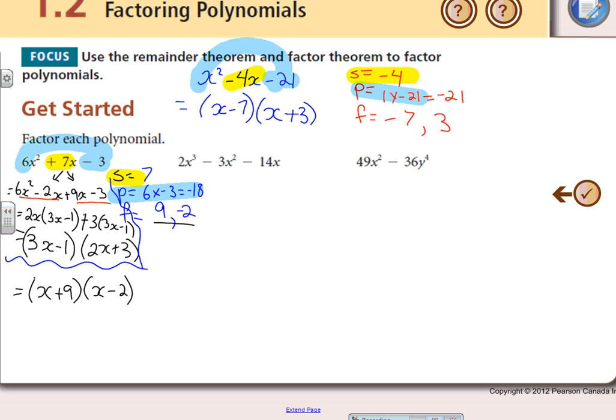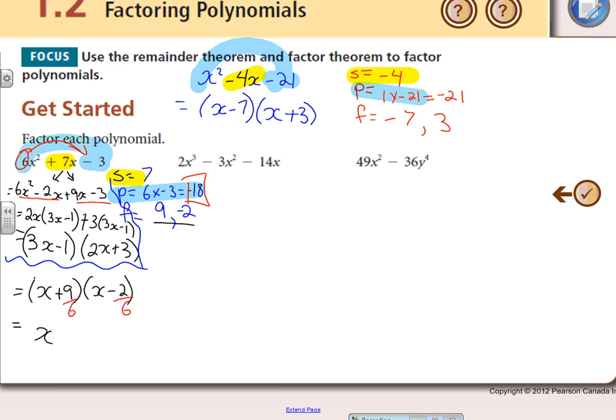But with this one, I took that 6 and multiplied it to the negative 3 to get the negative 18. So because I took that 6 and multiplied it by the negative 3, I'm going to have to compensate back here with my answer and divide both components by the 6. Take that down to lowest terms.